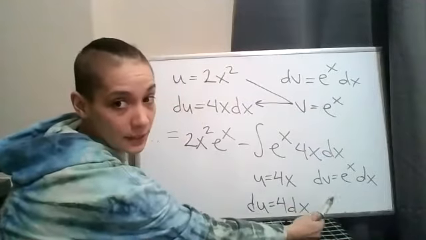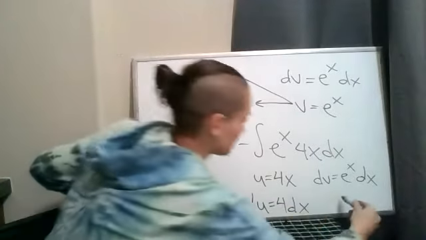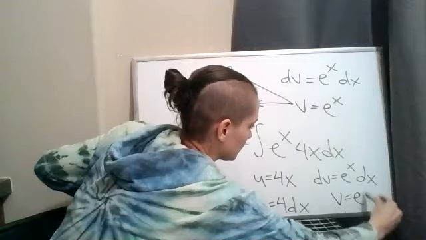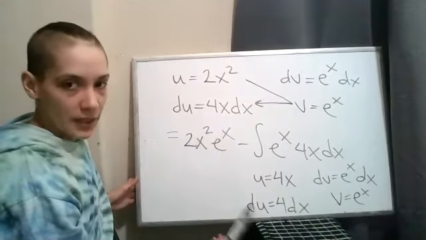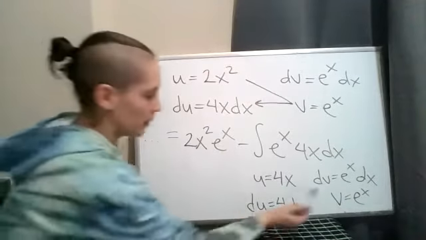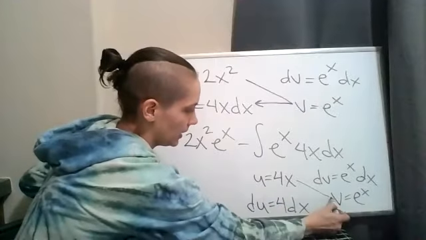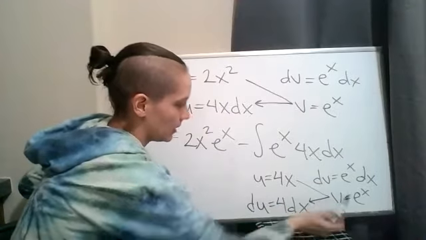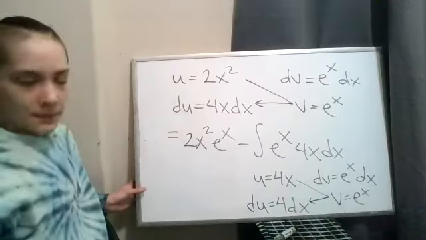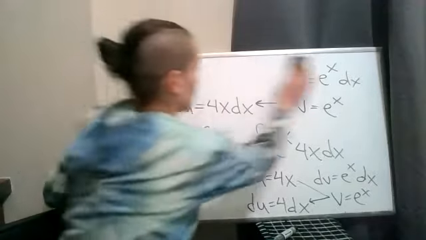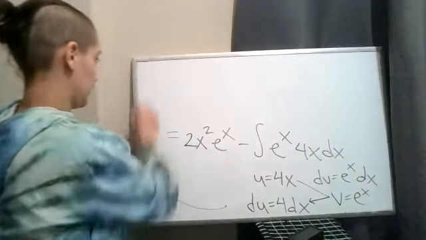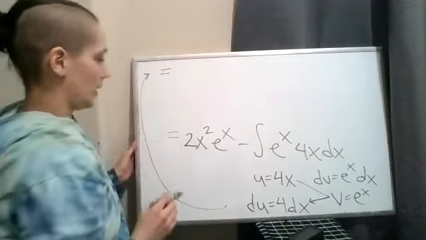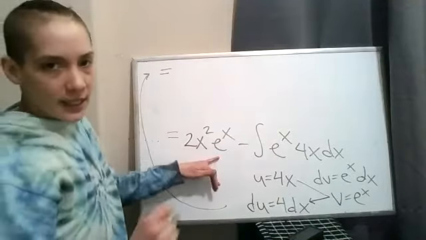And that's v equal to e to the x. So we're going to subtract this whole piece where we multiply u with v and then subtract the integral of v du.